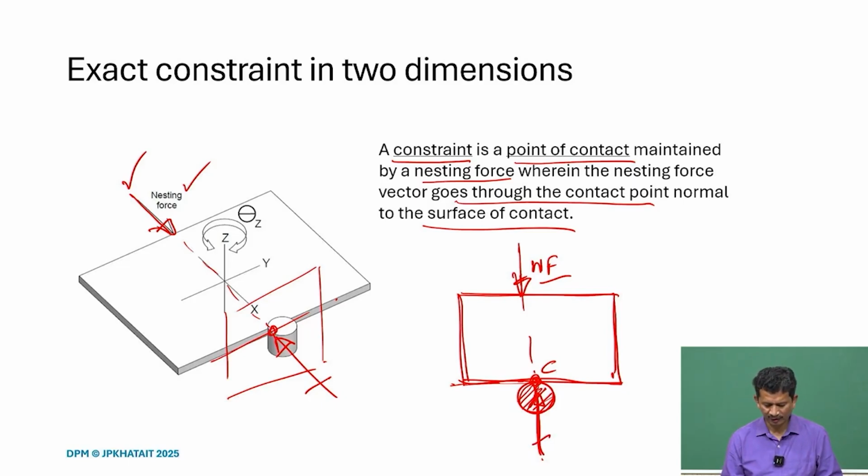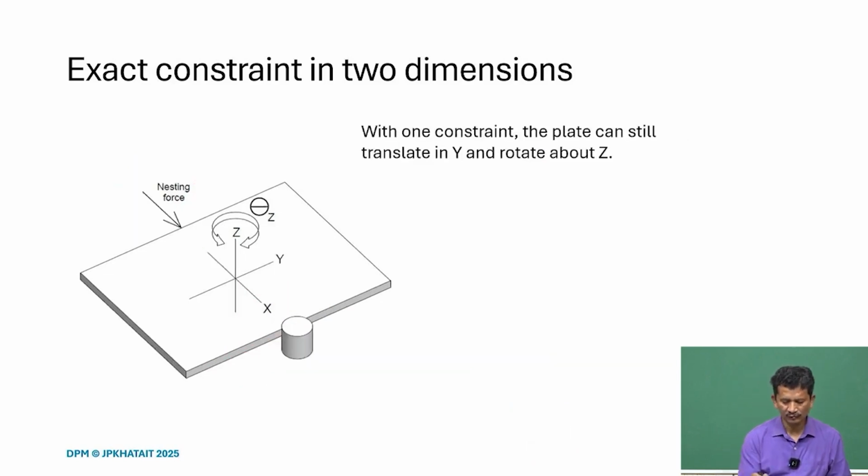So, what we say in this case is that it is a constraint. There is one point contact. In this case, if it is the x direction, it is a constraint along the x direction. So, it cannot move along x with one constraint.